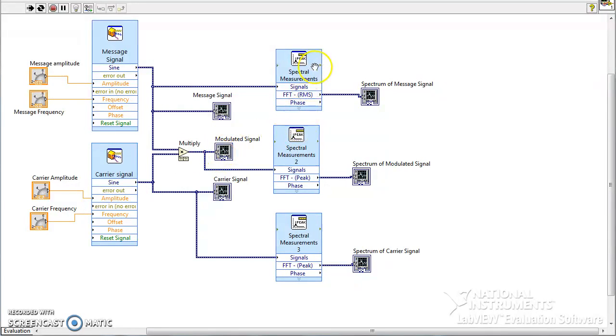To look into the spectrum, the signal components have to be converted with respect to frequency, which is the fast Fourier transform. So we select the fast Fourier transform block, plot that block with respect to frequency, and observe the spectrum of the message, modulated as well as the carrier signal. In the next video, we shall look into the addition of two signals along with the multiplication operation.